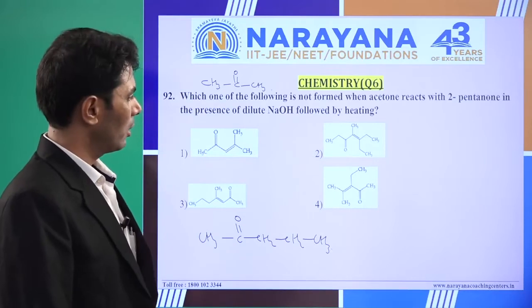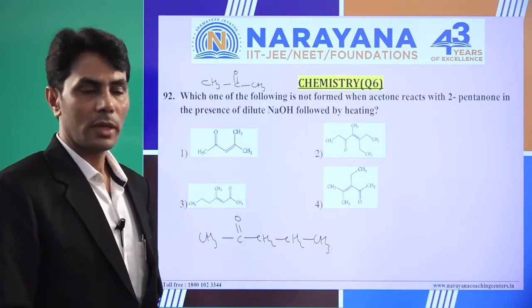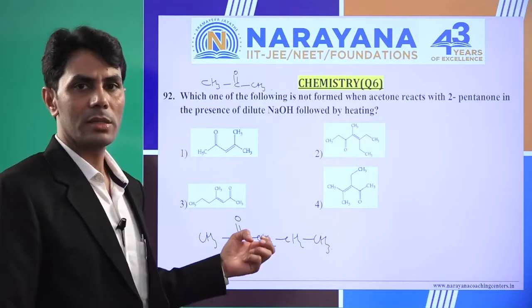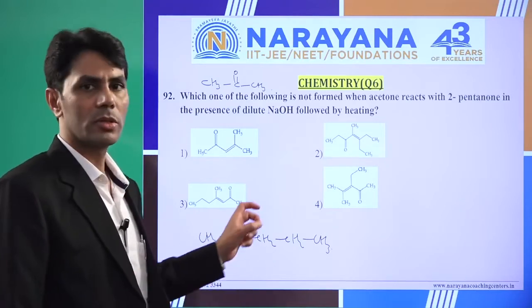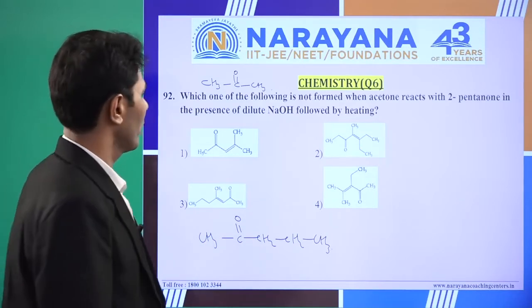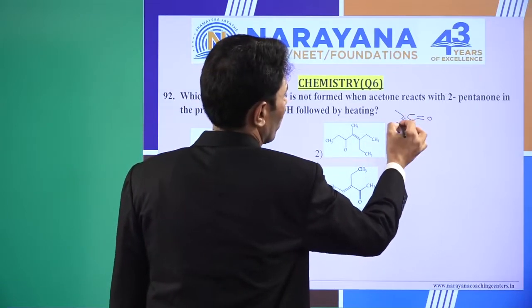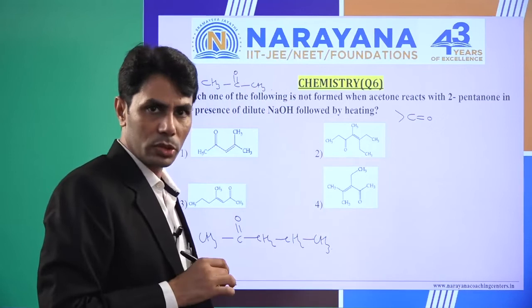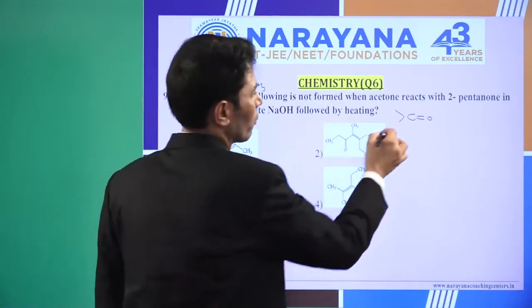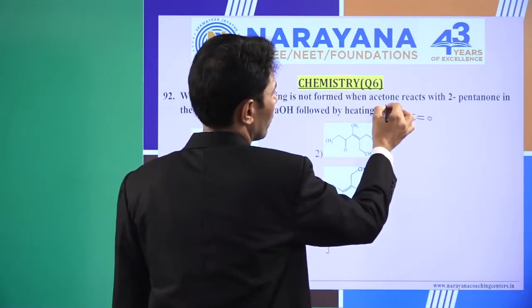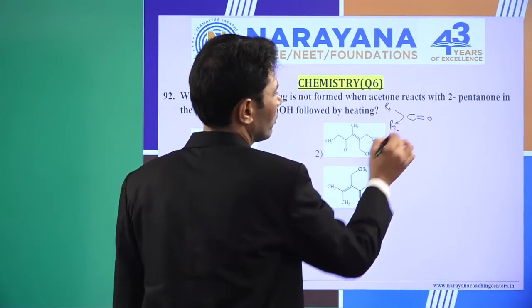But if we use the conclusion of the aldol condensation reaction very easily, in very limited time you can solve the problem. We know it very well. In aldol condensation, what is the final conclusion? We have to take two different carbonyl molecules. From one carbonyl molecule we can use, let's say R1, R2.